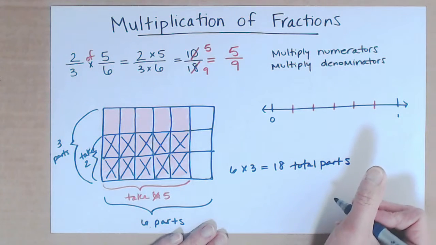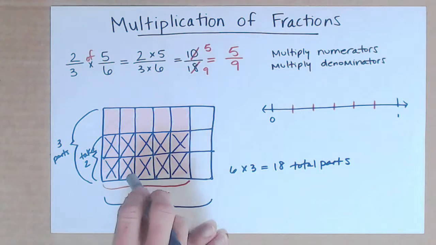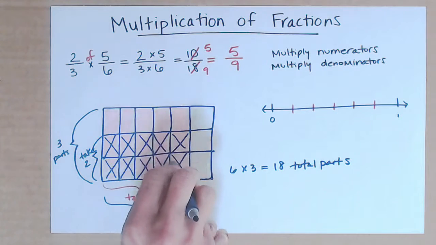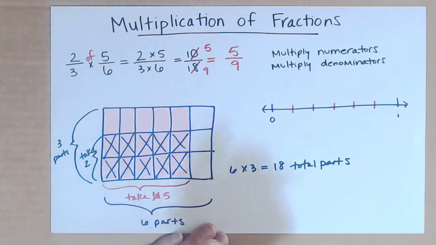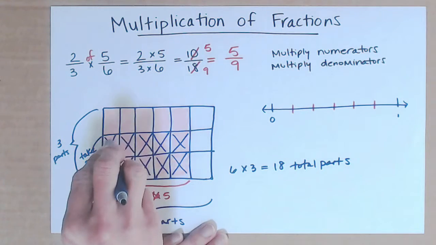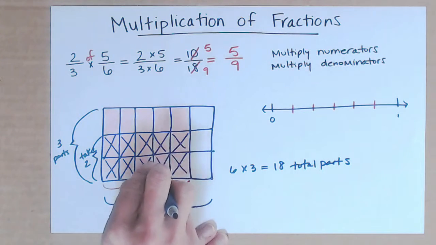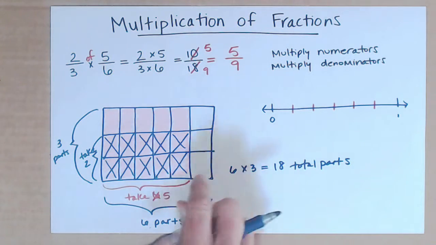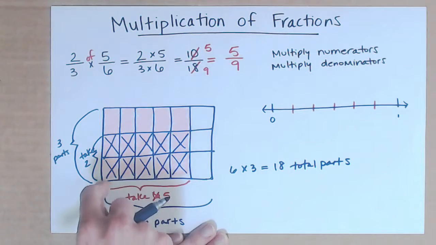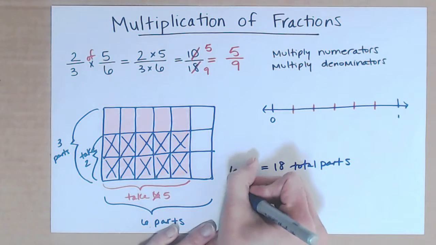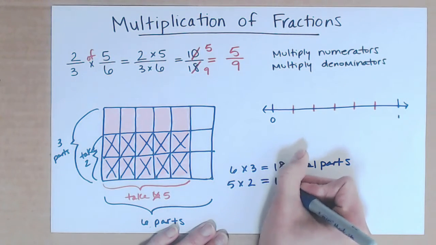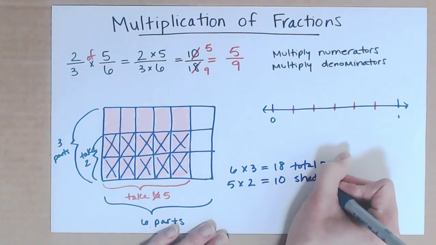Now let's look at the shaded parts. We're looking at these ones with the X's through them, because that's the 2/3 of the 5/6. We have 1, 2, 3, 4, 5, 6, 7, 8, 9, 10, which is actually 5 going this way times 2 going that way. 5 times 2 equals 10 shaded parts.